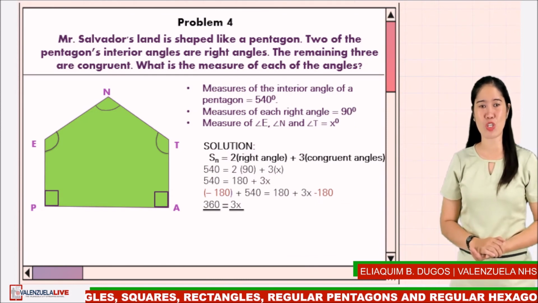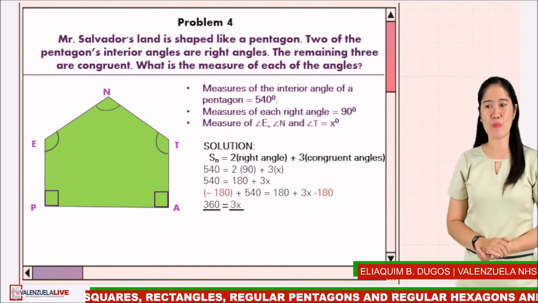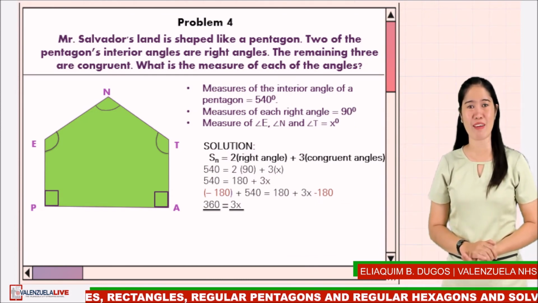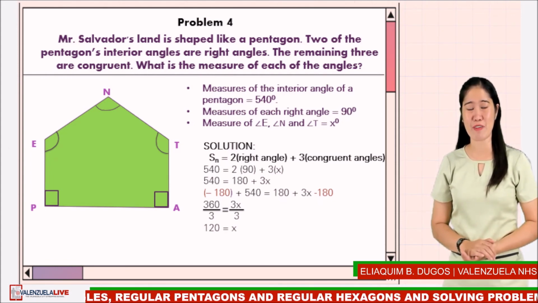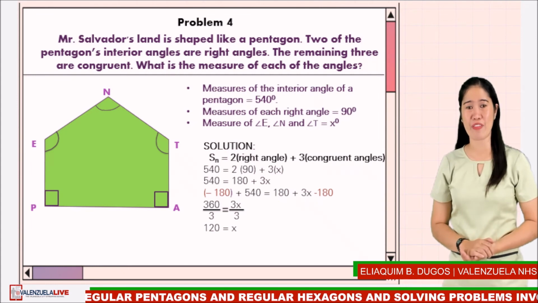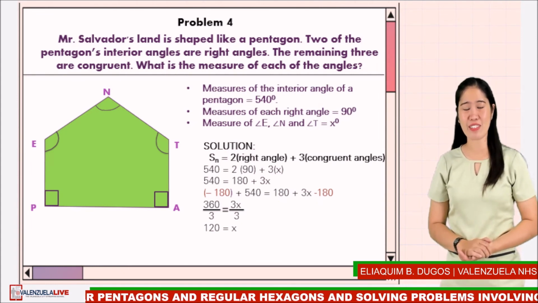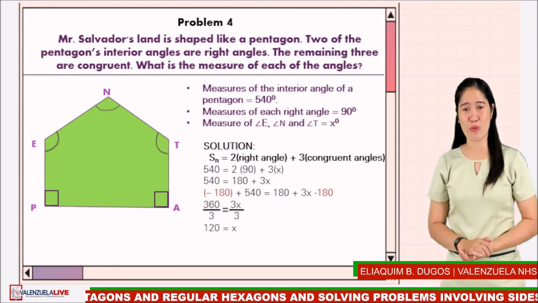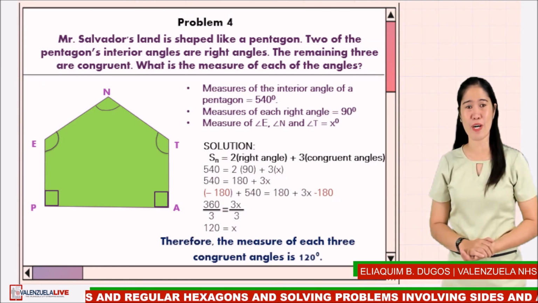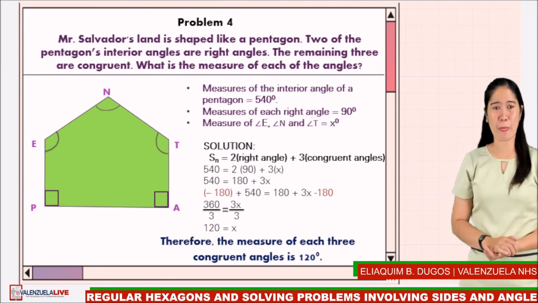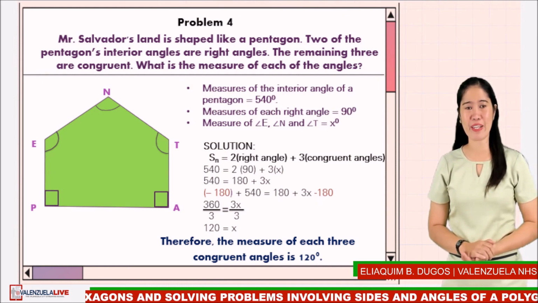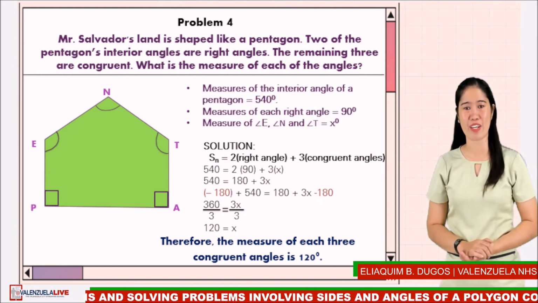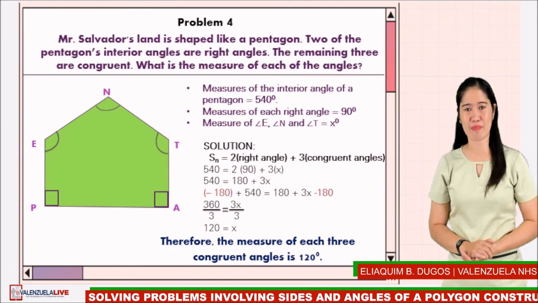Then, by division property of equality, we're going to divide both sides by 3. 360 degrees divided by 3 is 120, and 3x divided by 3 is equal to x. So therefore, the measure of each of the 3 congruent angles is equal to 120 degrees.